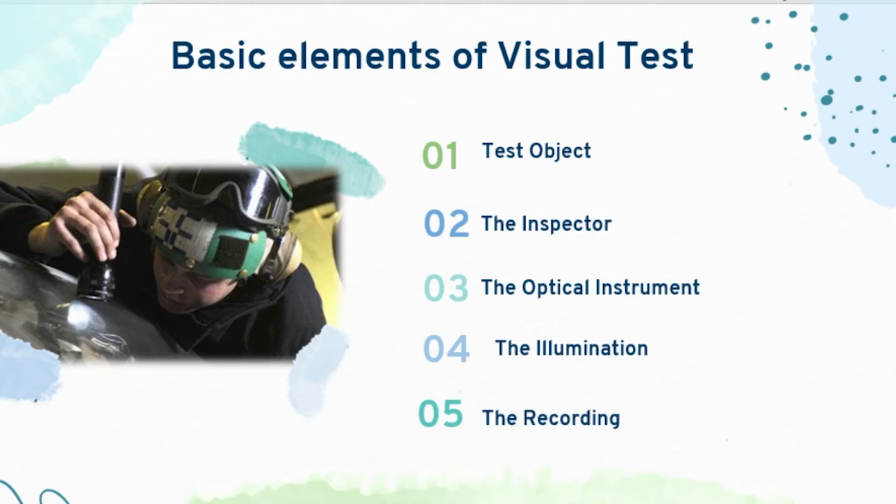The third one is the optical instruments, which aid the inspector in doing the job. The fourth one is the illumination, which is the light, which is important so they can see. And the last one is the recording, so they can save or record what they have seen and make a report about the visual test.